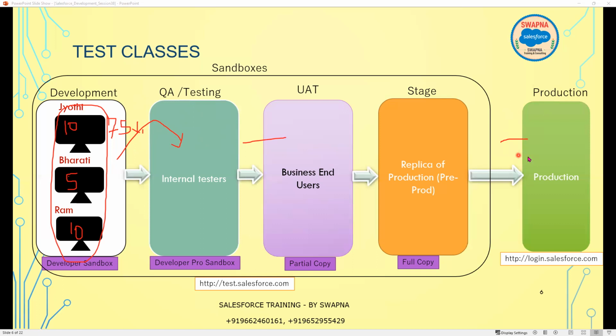But when you are moving to production, if you do not have even 75%, it will reject it. It will say that it cannot deploy these changes because the code coverage is less than 75%.